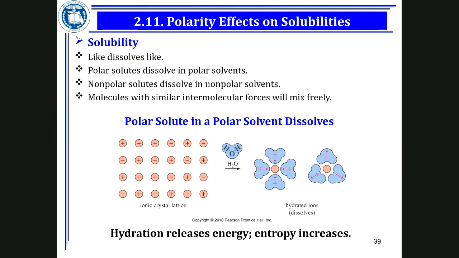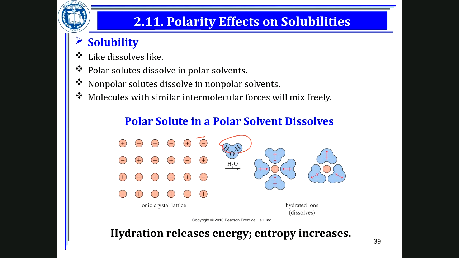solubility is affected by the intermolecular forces. The more polar the molecule, the more soluble in water. Ionic compounds dissolve in water because there's a strong attraction between the negative side of the water molecule and positive ions, and the positive side of the water molecule and negative charge from the ionic compound.